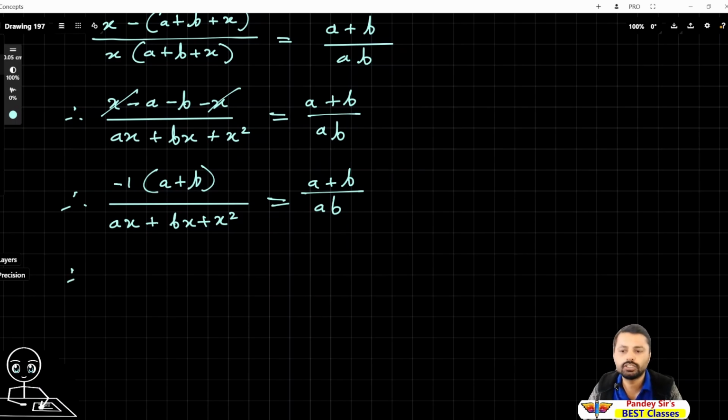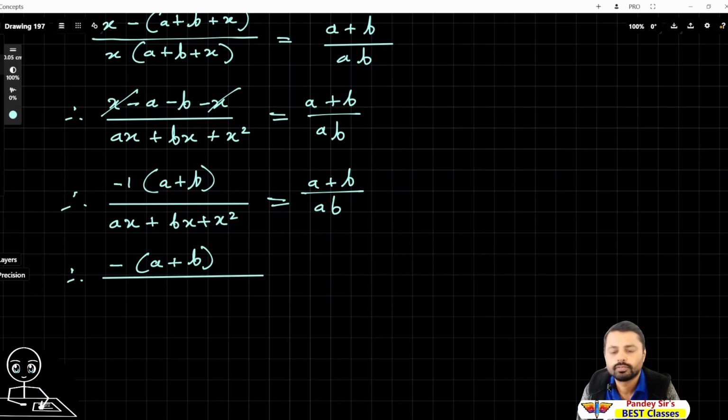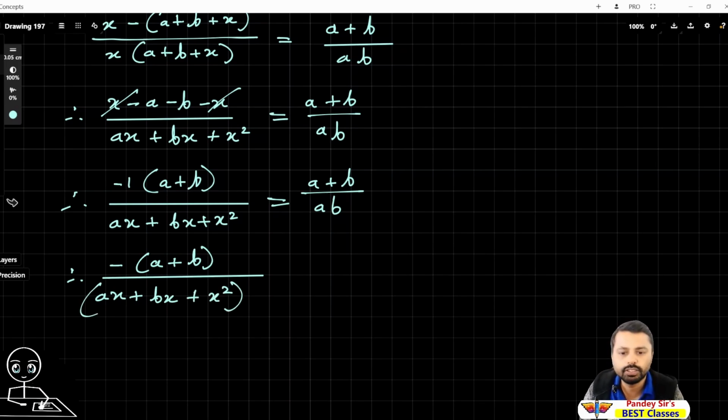So let's do it step by step. Now since here also a plus b, here also a plus b, both can get cancelled, but I'll show it in the steps. So here we get minus a plus b whole by ax plus bx plus x square, and then I'll bring this a plus b to this side.